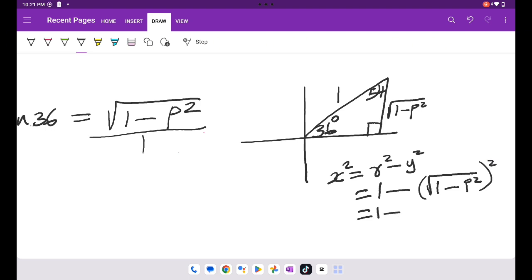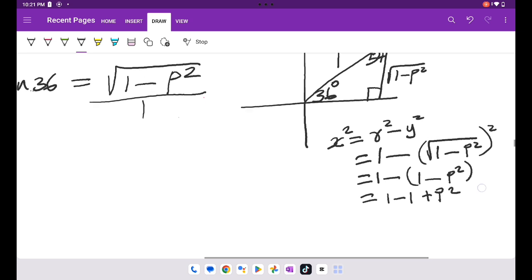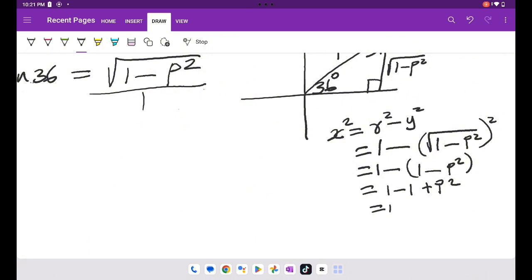The square removes the square root, so we have 1 minus (1 minus p squared), which gives 1 minus 1 plus p squared. So x squared is p squared, meaning x is p. Now we have the side to be p, so we can answer any question.